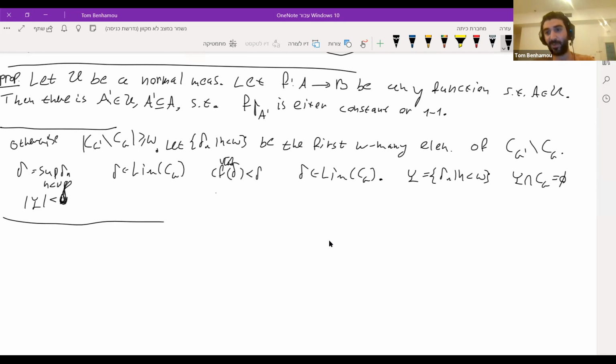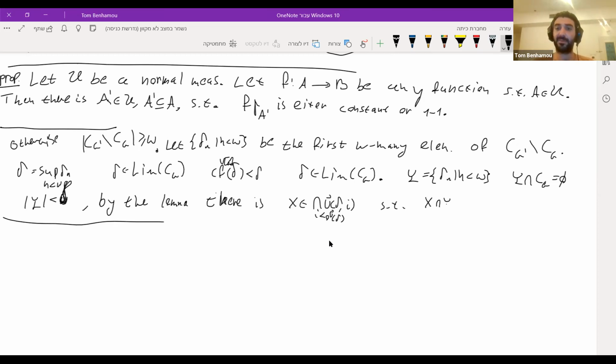So therefore we can thicken CG, and by the lemma there is some X in the intersection of all the measures provided on delta, which stays disjoint to Y. But this is, of course, impossible because these points come from CG, and CG is a Megiddo generic sequence.